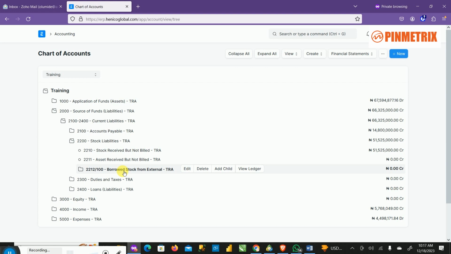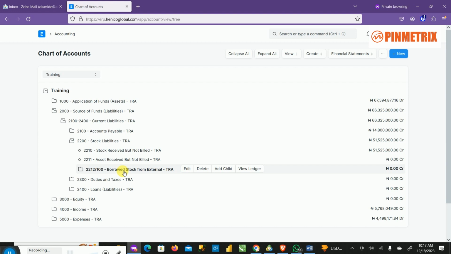It depends on the costing method that you are using. So for instance, if you are using a weighted average, and you are sure that the costs coming in are constant, for instance you entered the system with 2 naira, 2 naira, 2 naira, and when you borrowed the stock you borrowed at 2 naira, and when the new stock came you purchased at 2 naira.